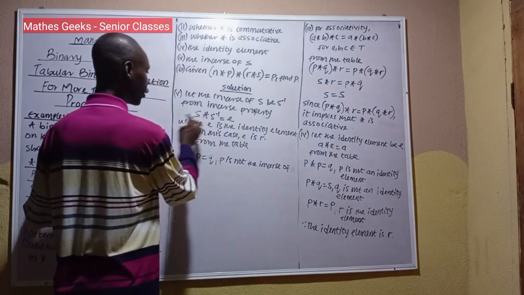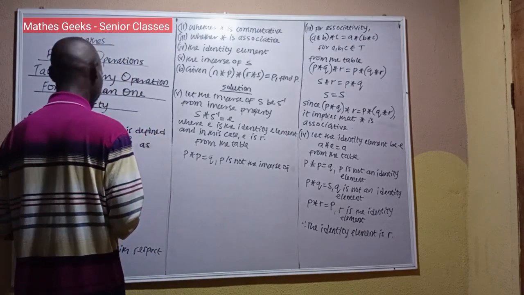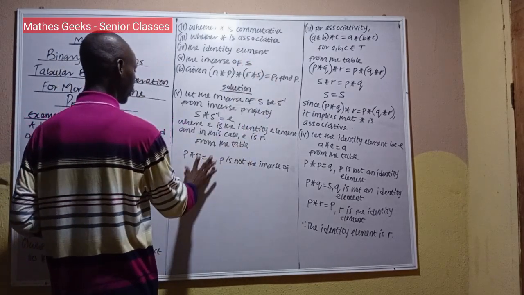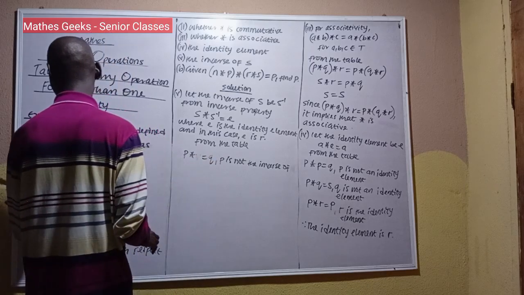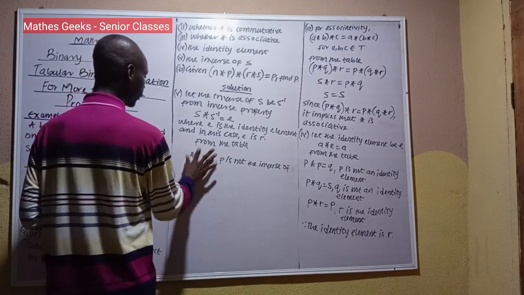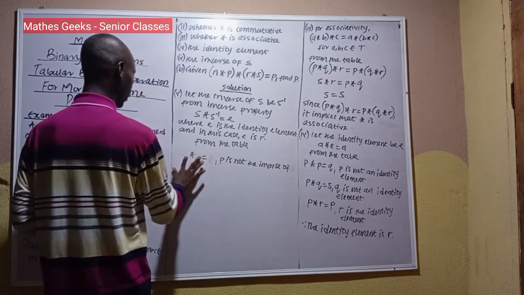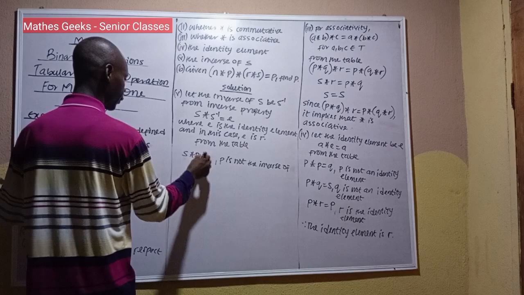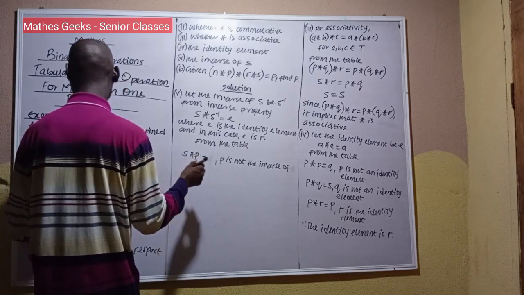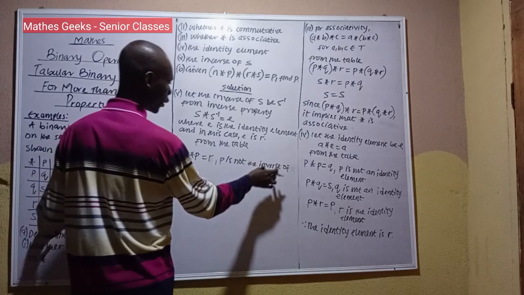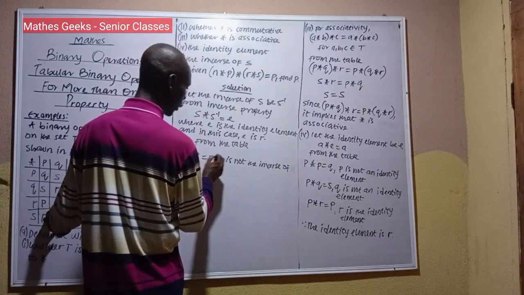Now we don't need to go that far. Since the question specified that we should get the inverse of S, we are going to use the S column against the rows. S operation P is R. Now, is R the identity?